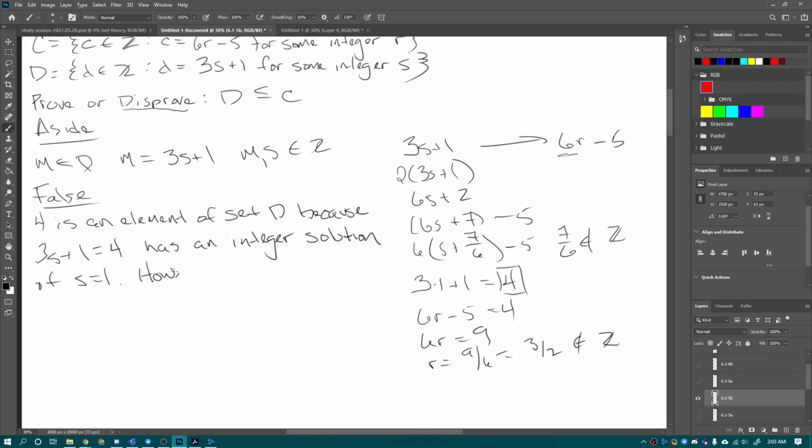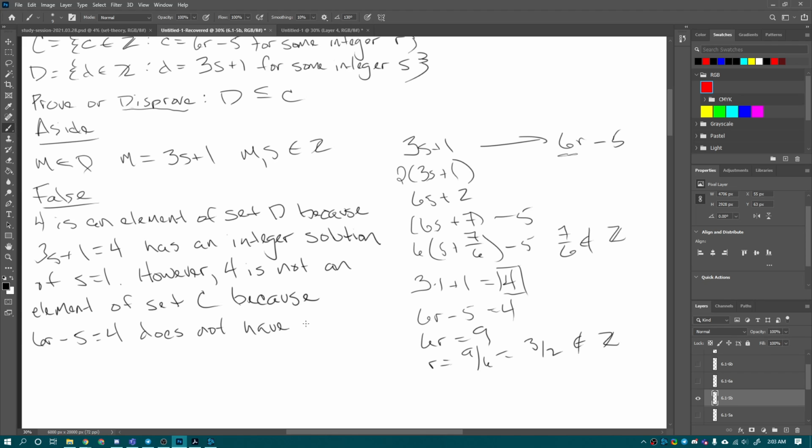However, 4 is not an element of set C because 6r minus 5 equals 4 does not have an integer solution for r.